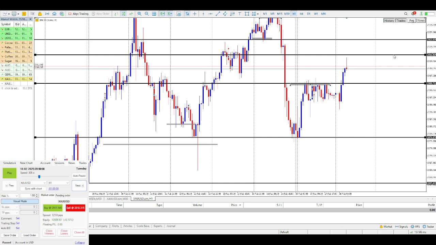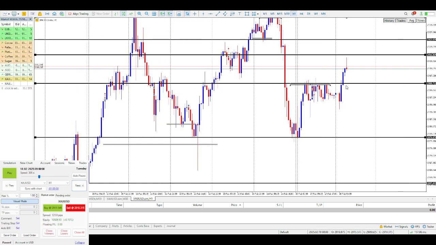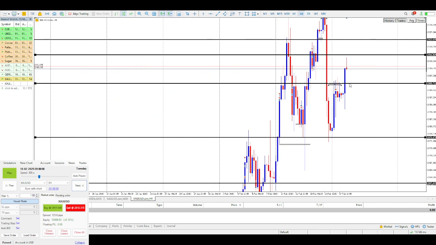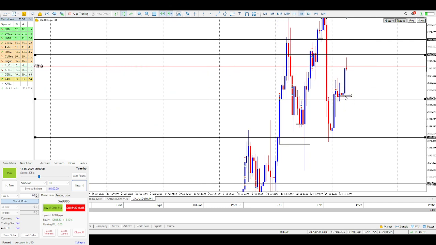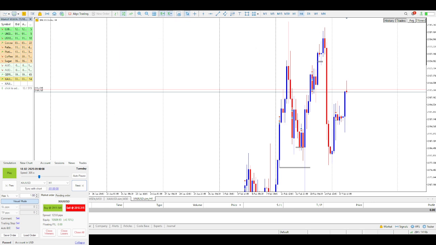Price is on a bullish trend. The previous trade was a trend continuation. Now price is on a massive bullish trend. On the 4-hour time frame, you can see this resistance, clean move to the left.